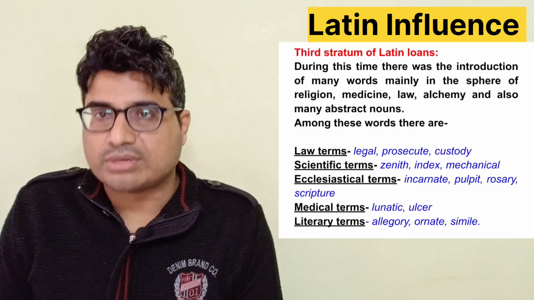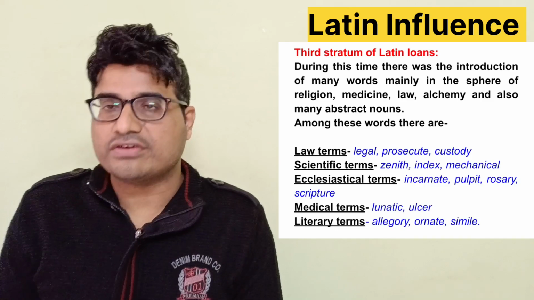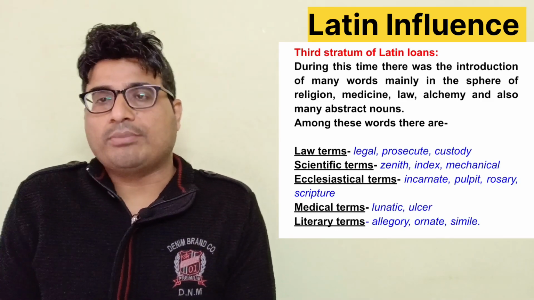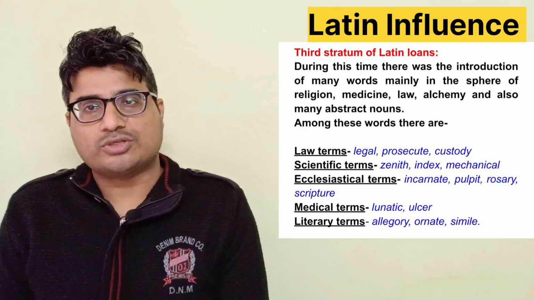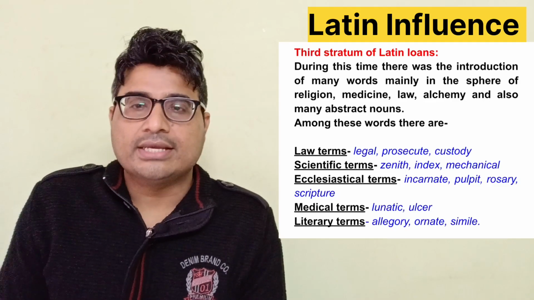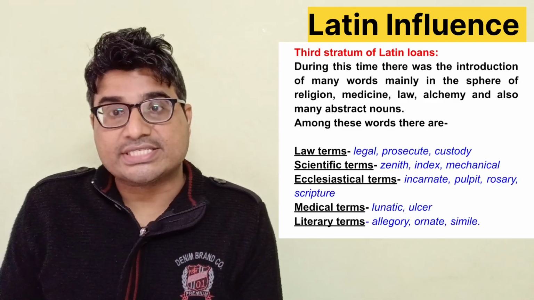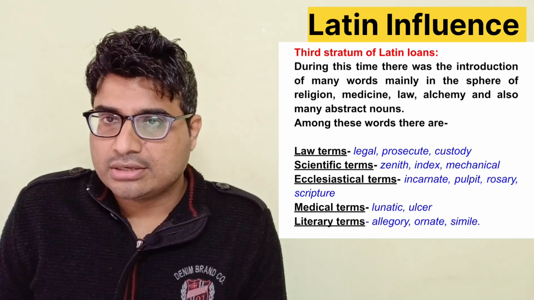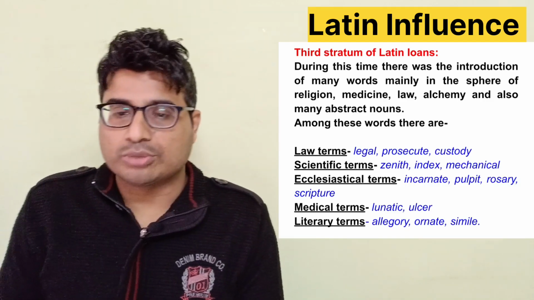Now, the third stratum of Latin loans, or third phase of Latin loans. Throughout the Middle English period, the borrowing of Latin loans continued, and various types of words related to religion, medicine, law, alchemy entered into English vocabulary.